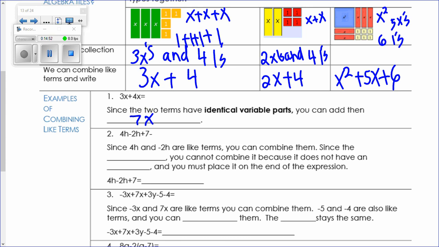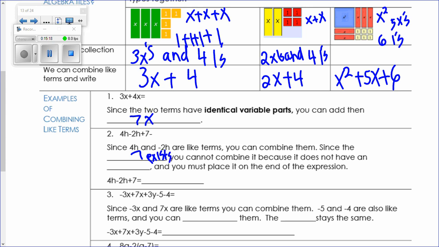Now, what happens when you don't have all like terms? Since 4h and negative 2h are like terms, you can combine them. Since the 7 exists, you cannot combine it.